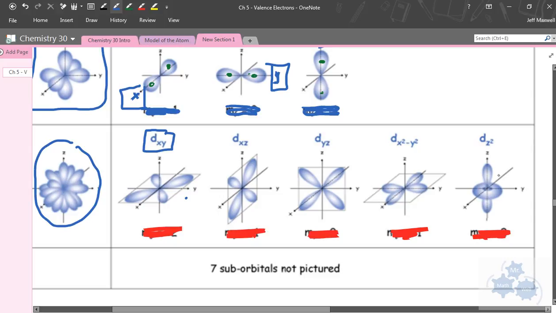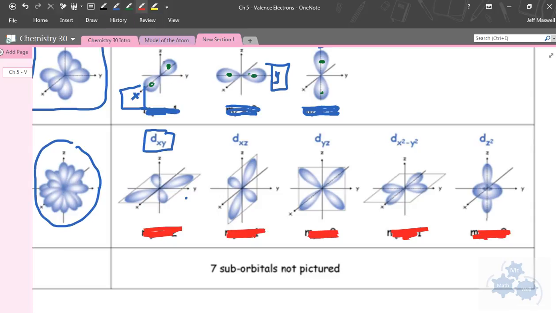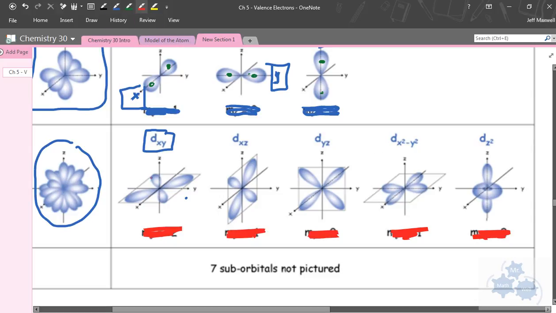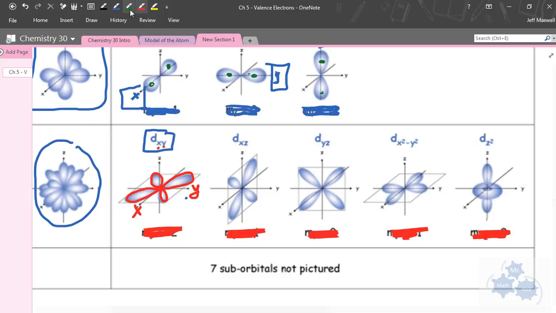This one's the exception. But over here, you have the orbitals like this, the 4 lobes of the d orbital, extending like this. And the reason why it's called the xy orbital is because the lobes extend between the x and the y axis. You see that? On all 4 sides, they're between the x and y.